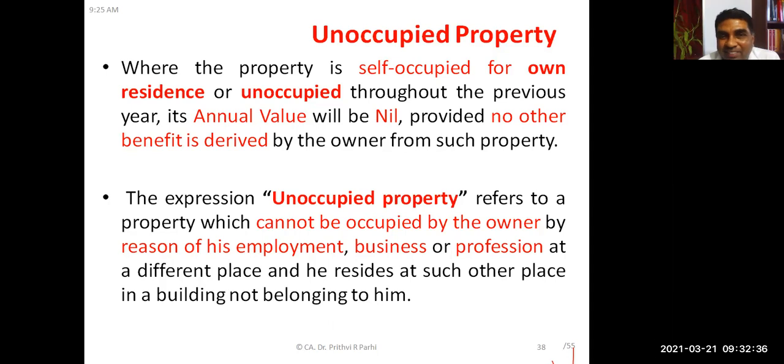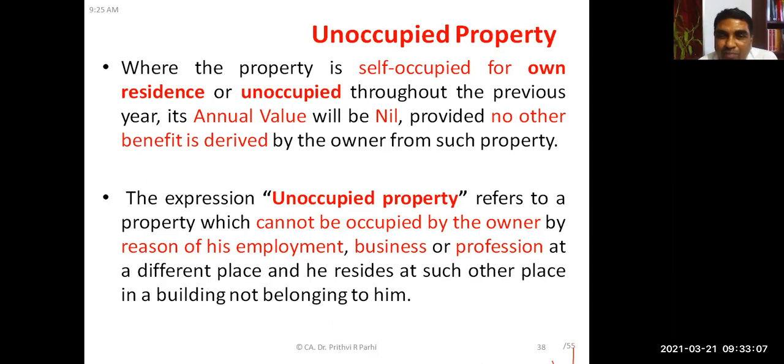If for that reason a property is not self-occupied, then it will be treated as an unoccupied house, and in that case also annual value shall be taken as nil. So for self-occupied house, annual value is nil. For unoccupied house, annual value is what? Nil. Again nil.